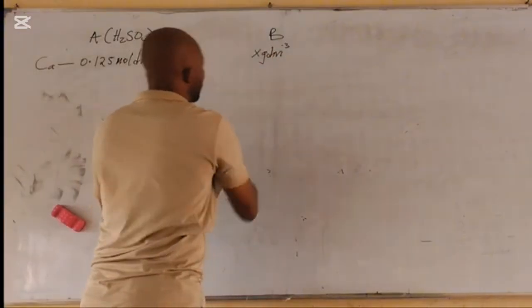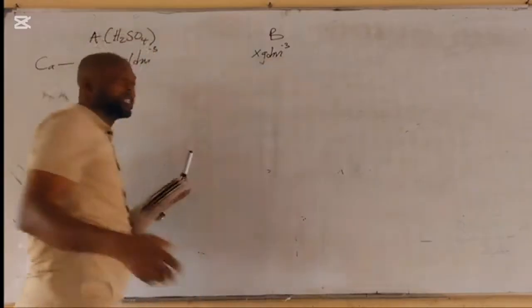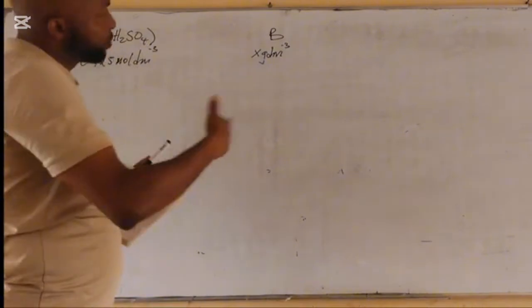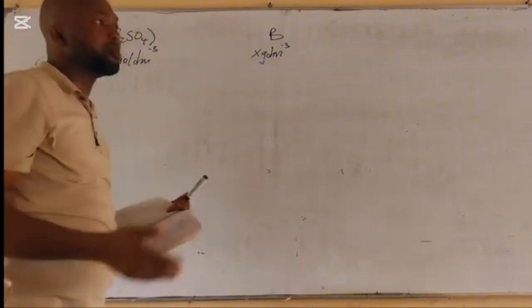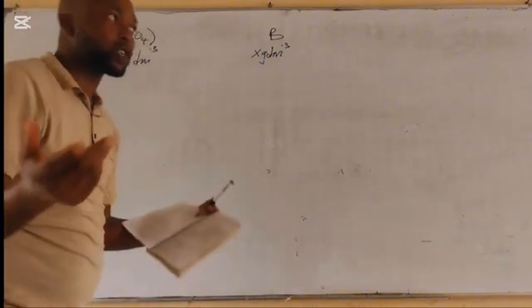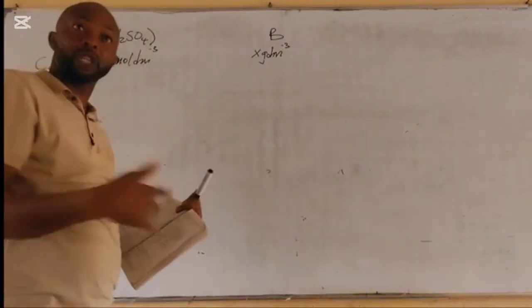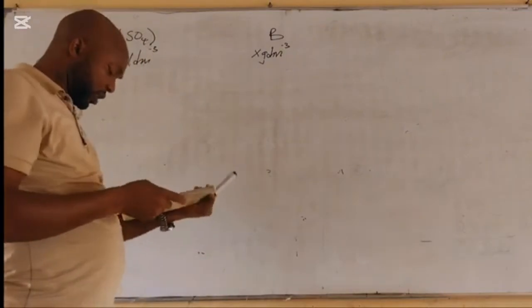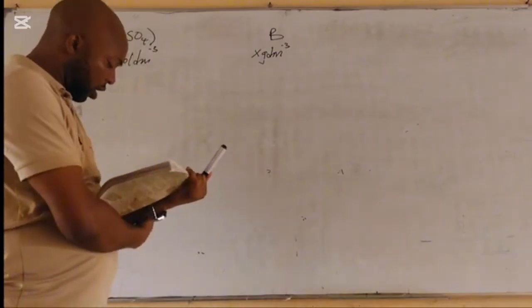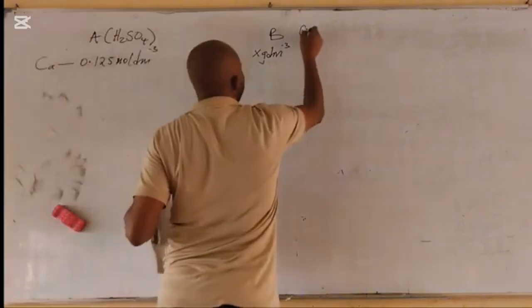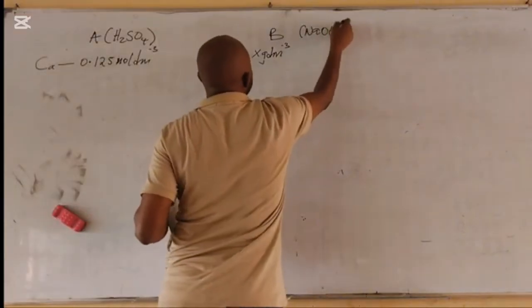We know the unit g/dm³ is for mass concentration. So they are asking, what is the mass concentration? That x g/dm³ means an unknown mass concentration, which they may likely ask us to find so that it will be known. Let's proceed. The g/dm³ is for sodium hydroxide, so here is sodium hydroxide.